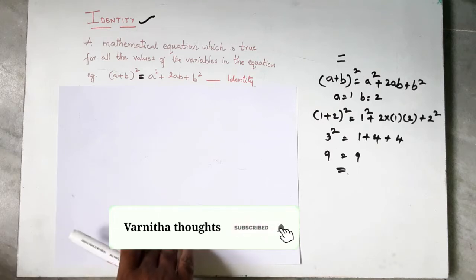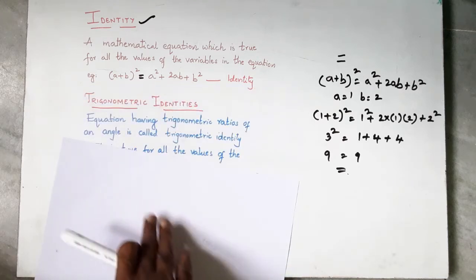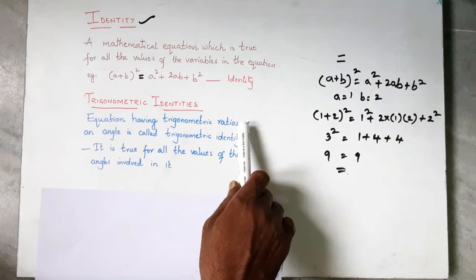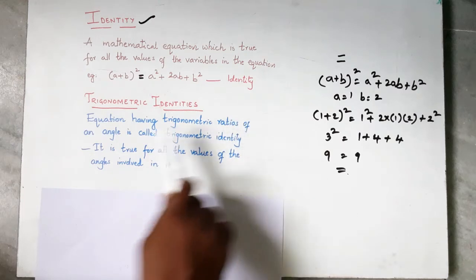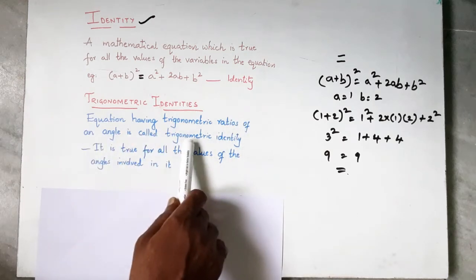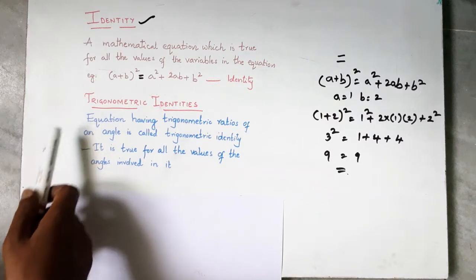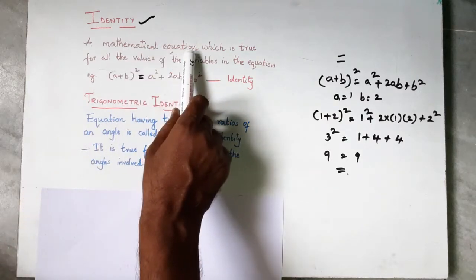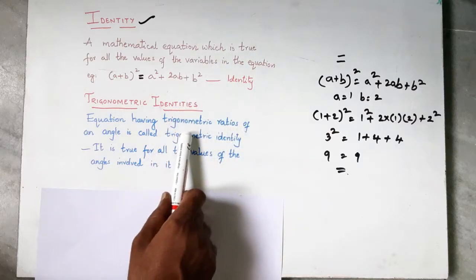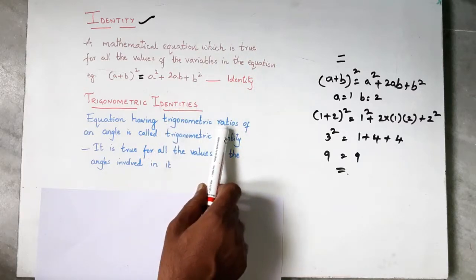A trigonometric identity is nothing but an equation having trigonometric ratios of an angle. Here you have a mathematical equation, but here the equation has trigonometric ratios.